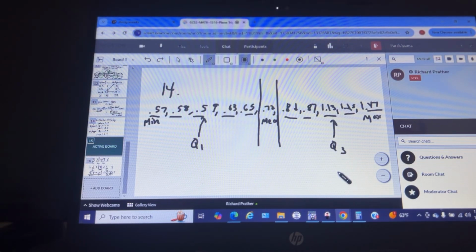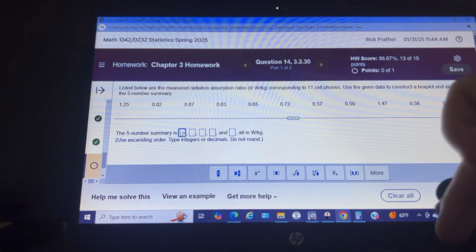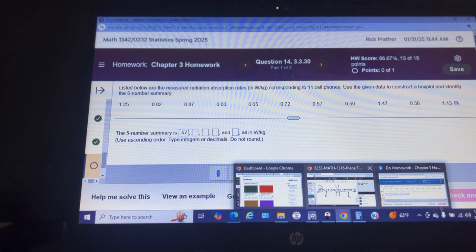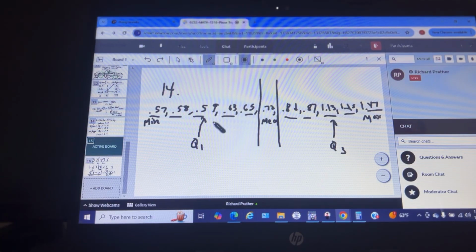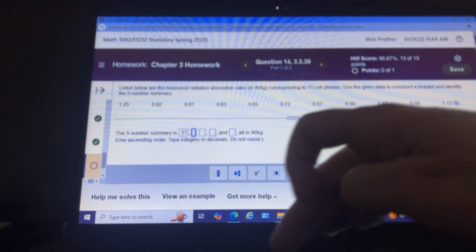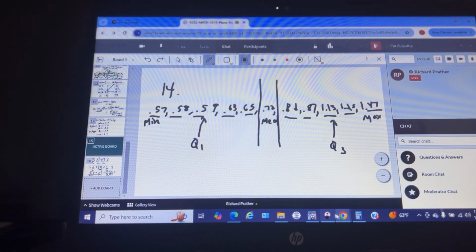So Q1, let me fill all the answers in. The minimum value is 0.57. Q1, the lower quartile, which is the middle of the lower half of the data, would be 0.59. The overall median was that exactly one sitting in the middle, 0.72.